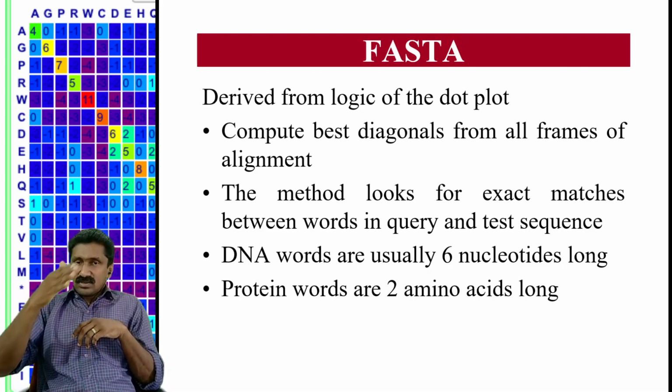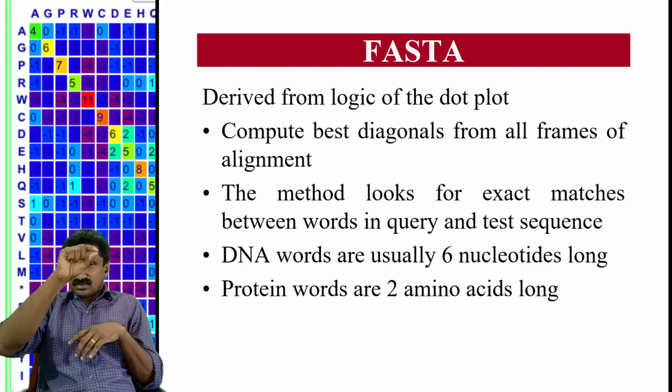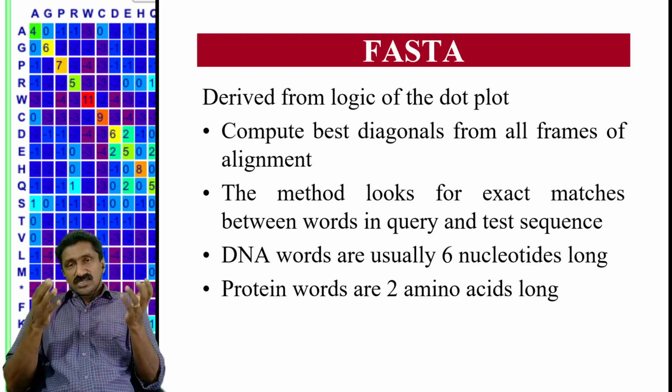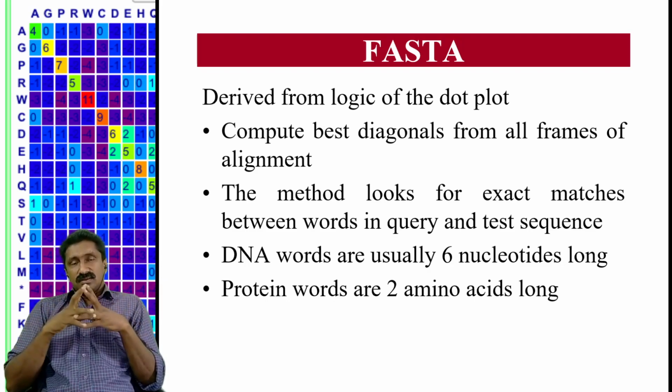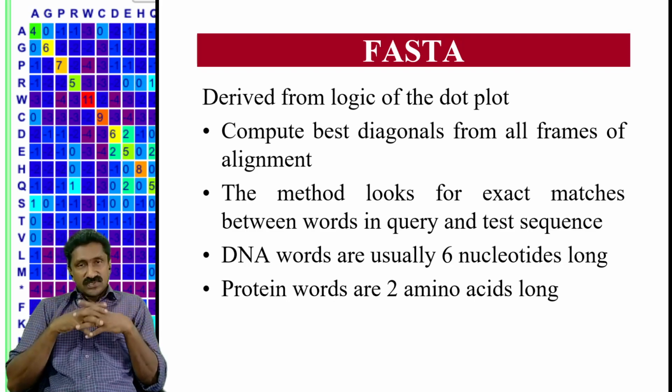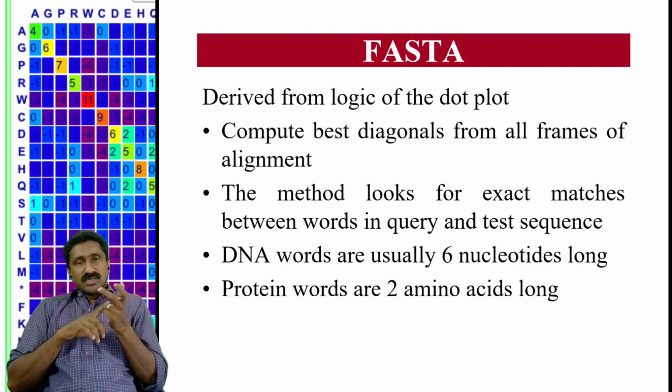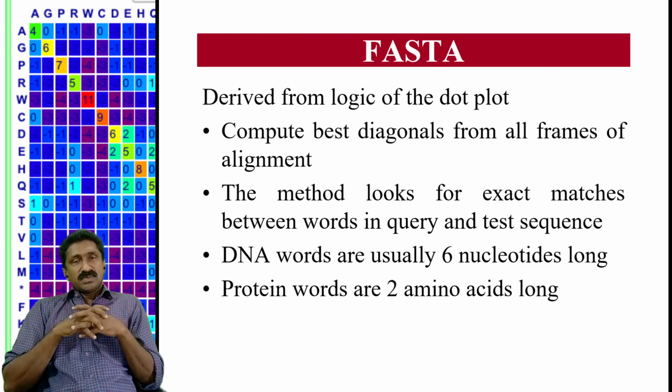The next step is drawing a diagonal where the diagonal matches are represented with dots, connected to construct a diagonal. The longest diagonals in that entire matrix can be identified first. So that's the first step. We'll see how it is done. The method looks for exact matches between words in the query and test sequence.